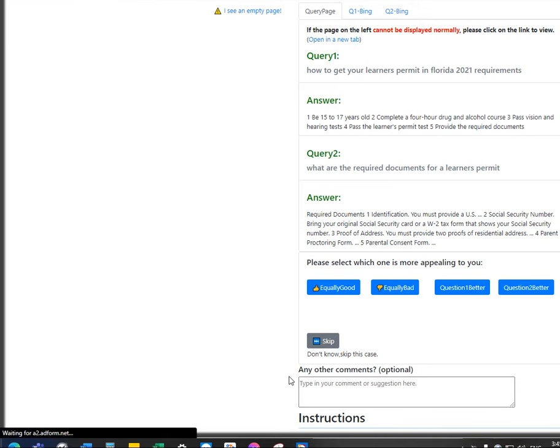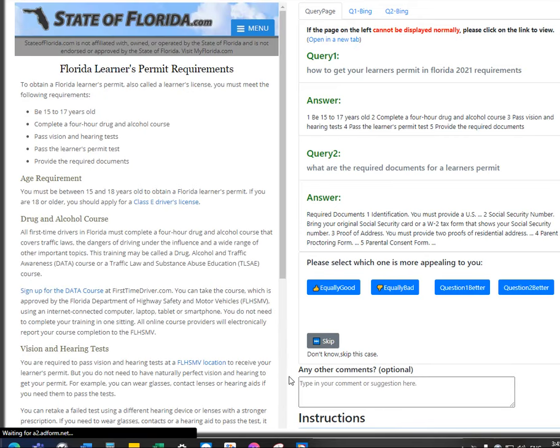Moving on to the next one. Florida learner's permit requirements. How to get your learner's permit in Florida 2021 requirements. What are the required documents for a learner's permit? Social security. Now this is quite broad.